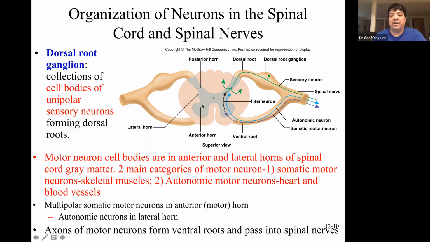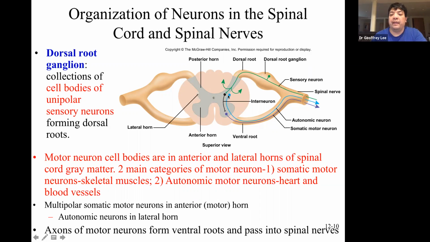So we see an anterior horn, a lateral horn, and a posterior horn. And these are clusters of cell bodies, nucleus or nuclei, found in the spinal cord. Remember, the nucleus is a cluster of cell bodies in the spinal cord or brain. So we're going to see the lateral horn. What do we find there?